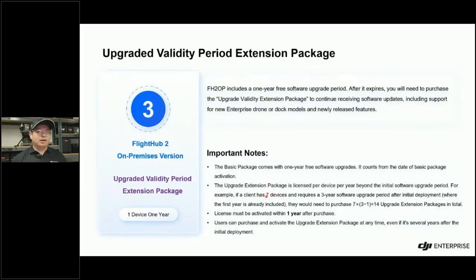If you're operating FlightHub 2 on premises and only use it for drones, not docks, an online device means the drone is turned on and connected, providing live stream service and pushing that live stream data to the FlightHub 2 on-premises service. Essentially, any dock connected to FlightHub 2 on premises or FlightHub 2 overall will be considered an online device. It's probably easier to think of it that way.